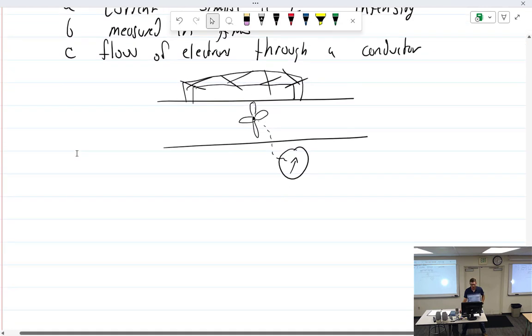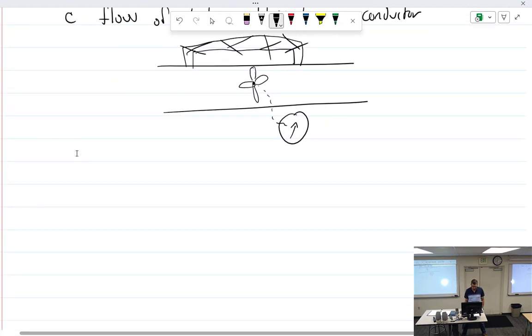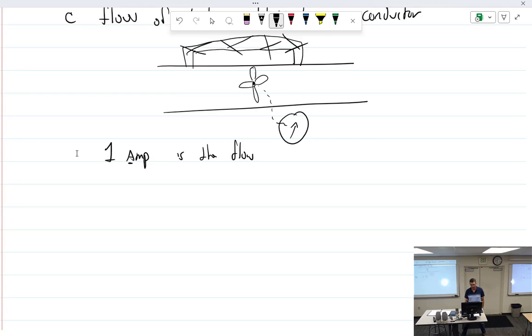Let's see. Definition of an amp. One amp, and we do use a capital A because it's a person's last name, is the flow of one coulomb per second.